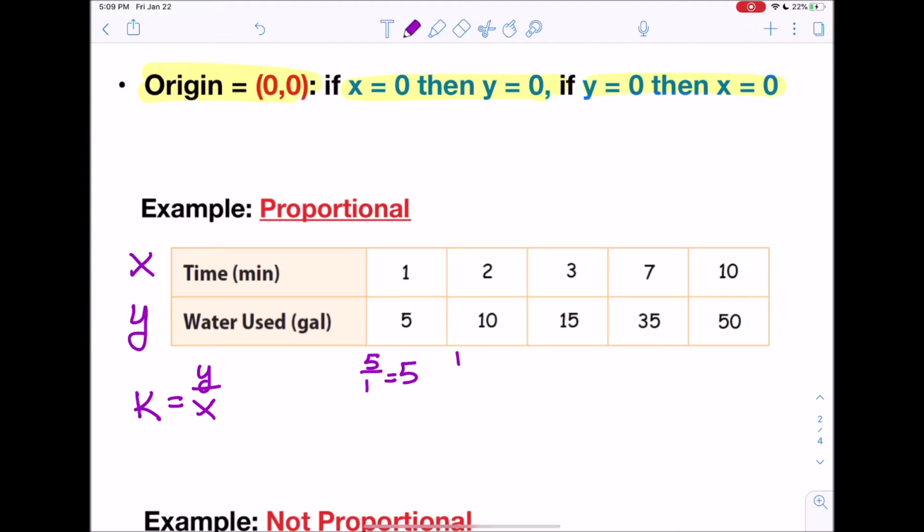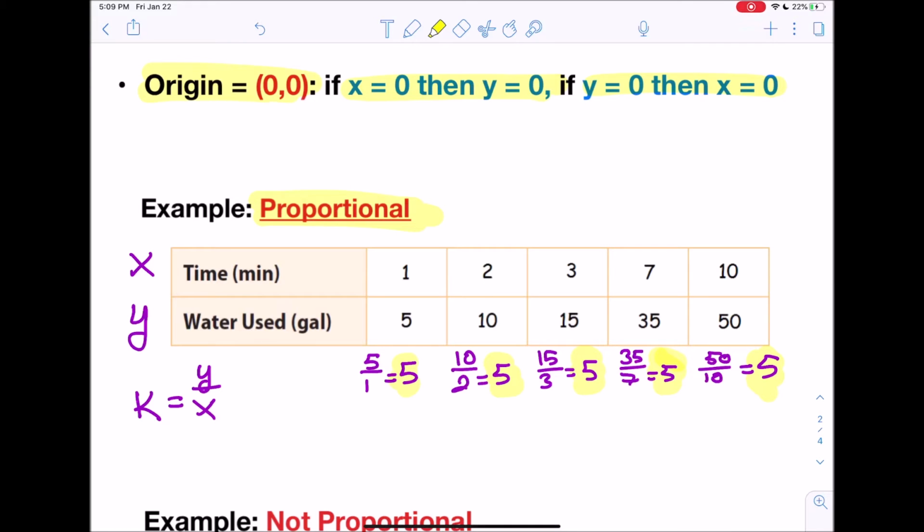And now I'm going to do it for each one because I got to check and make sure that it works for all of them. So 10 divided by 2 is 5, 15 divided by 3 equals 5, 35 divided by 7 equals 5, and 50 divided by 10 equals 5. We get the same unit rate for all the data points, right? For each x and y. So that means, yes, it is proportional.